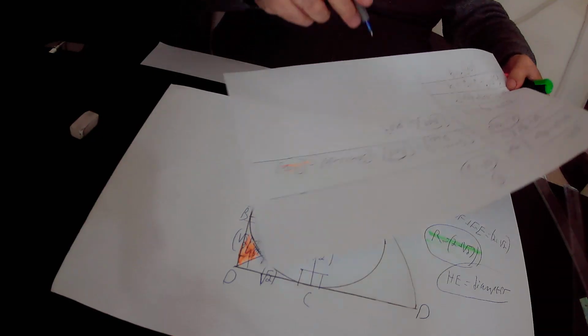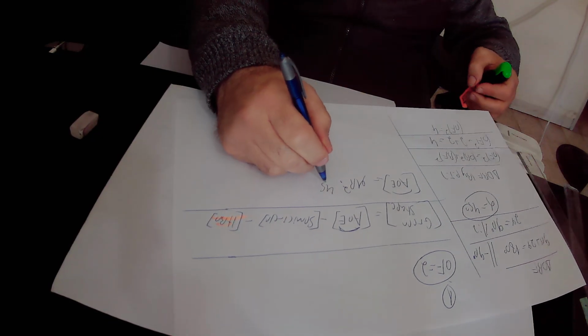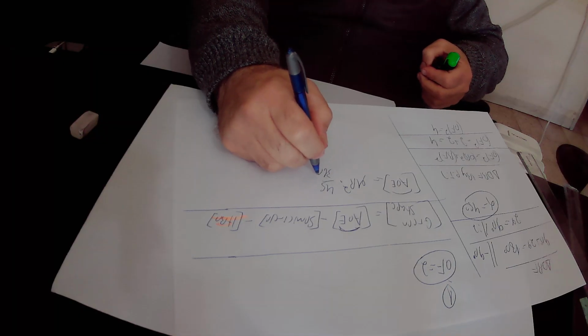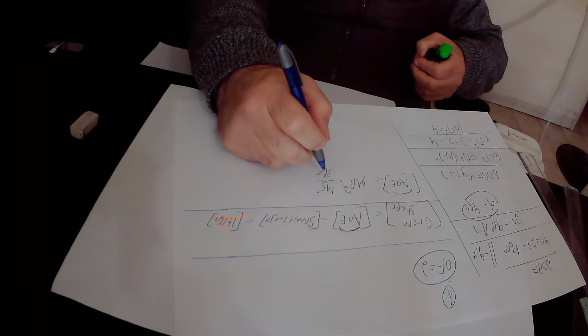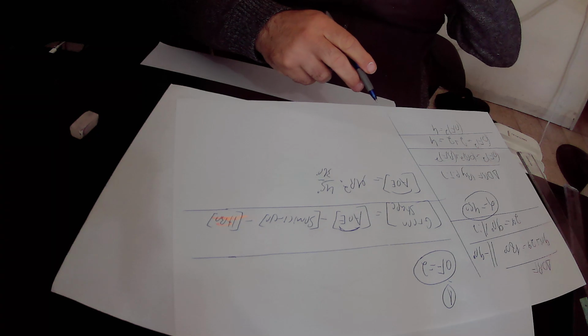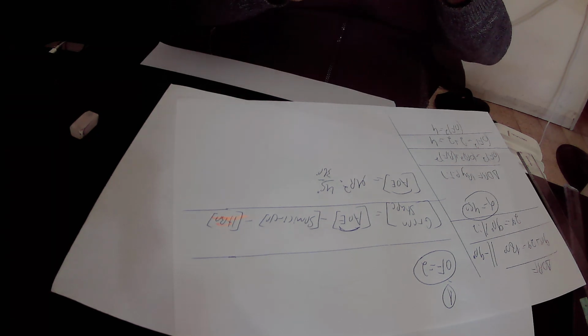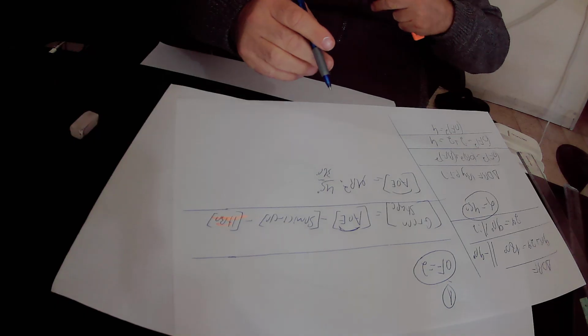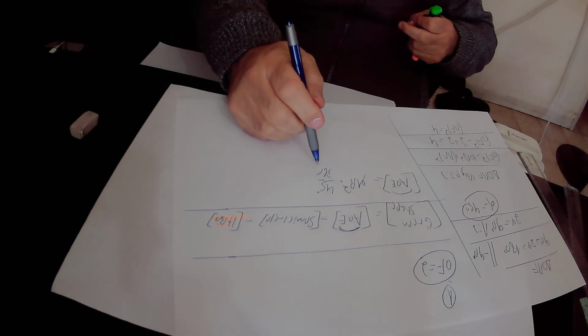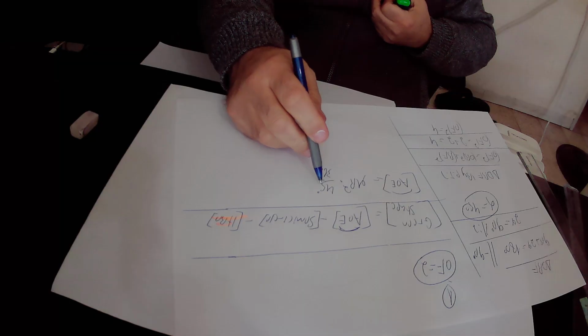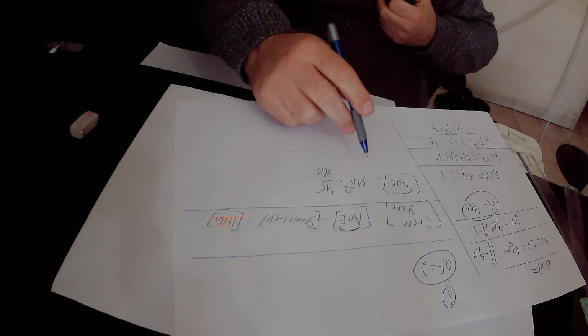So it is 45 degrees over 360 degrees. In conclusion, the area of the big sector AOE equals pi times capital R squared, the area of the big circle, times 45 degrees over 360 degrees. 45 degrees is the angle between the legs of sector AOE.